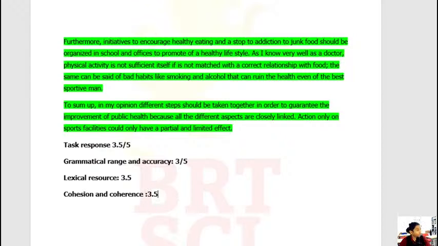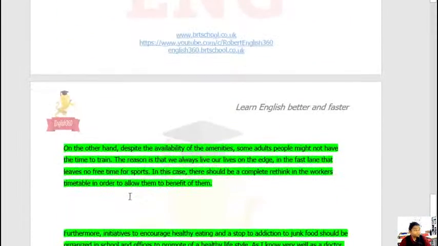Cohesive, similar. It's all a big 3.5, so it's about 13.5 out of 20. I would say somewhere between 6.5 to maybe 7. Depends on who does it.